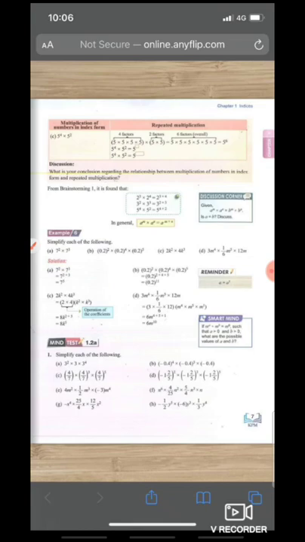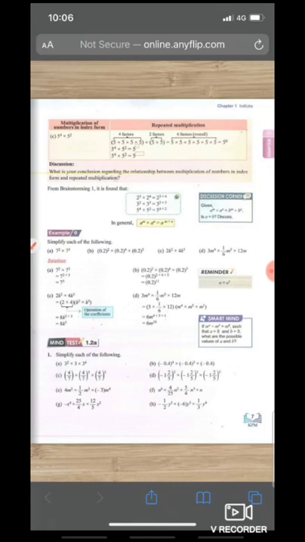From Brainstorming 1, it is found that 2 to the power of 3 times 2 to the power of 4 is equal to 2 to the power of 3 plus 4. 3 to the power of 2 times 3 to the power of 3 equals 3 to the power of 2 plus 3. 5 to the power of 4 times 5 to the power of 2 equals 5 to the power of 4 plus 2.